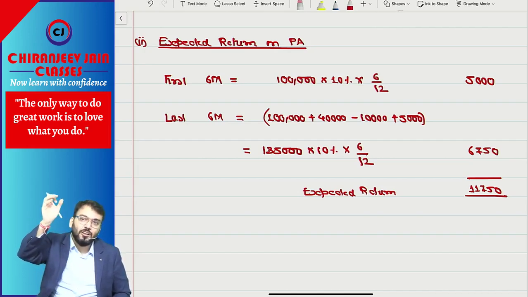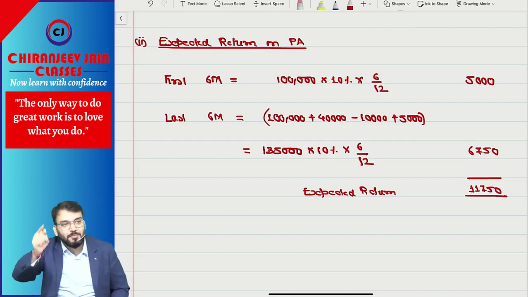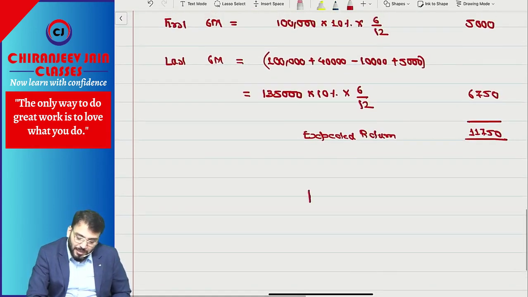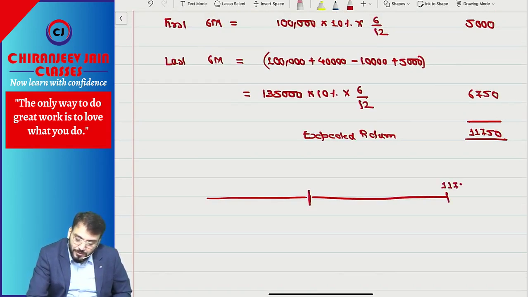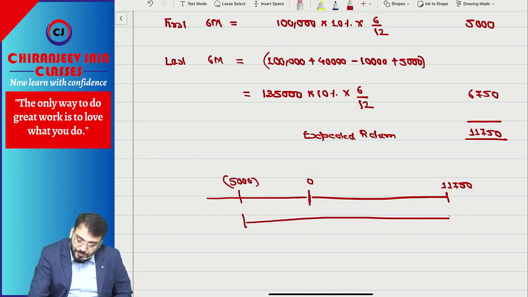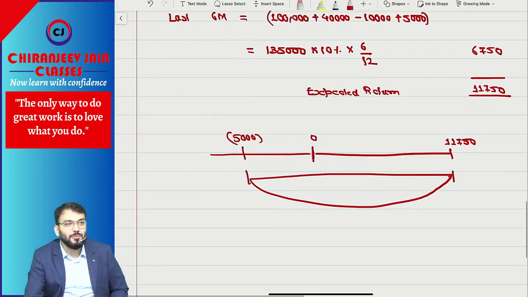So there is an actual loss of how much? 11,750 plus 5,000. Yes or no? Just try to understand. This is the number line. You are expecting positive 11,750, but you got negative 5,000. This is 0. What is the total loss? This is your loss.